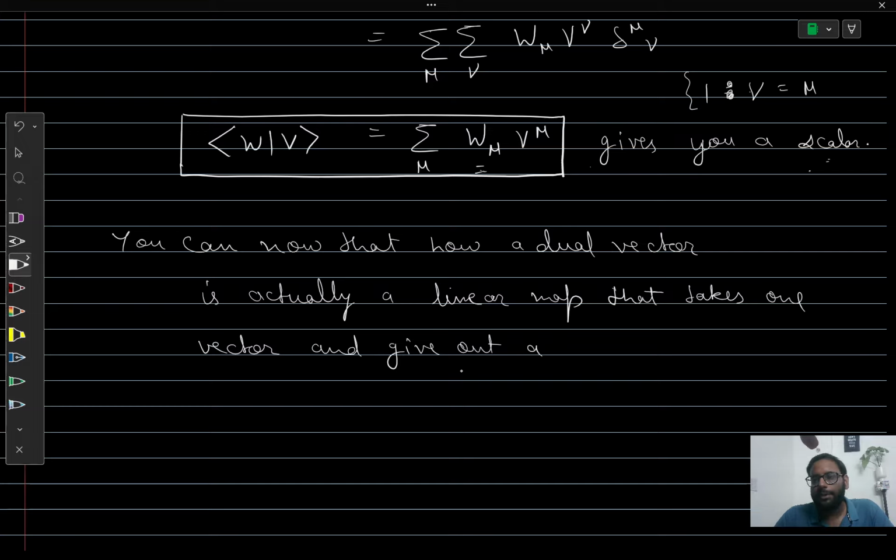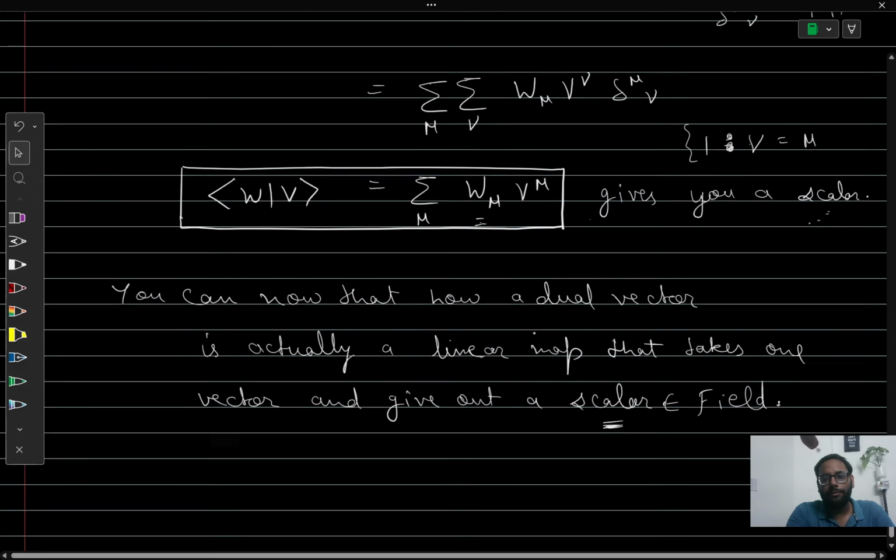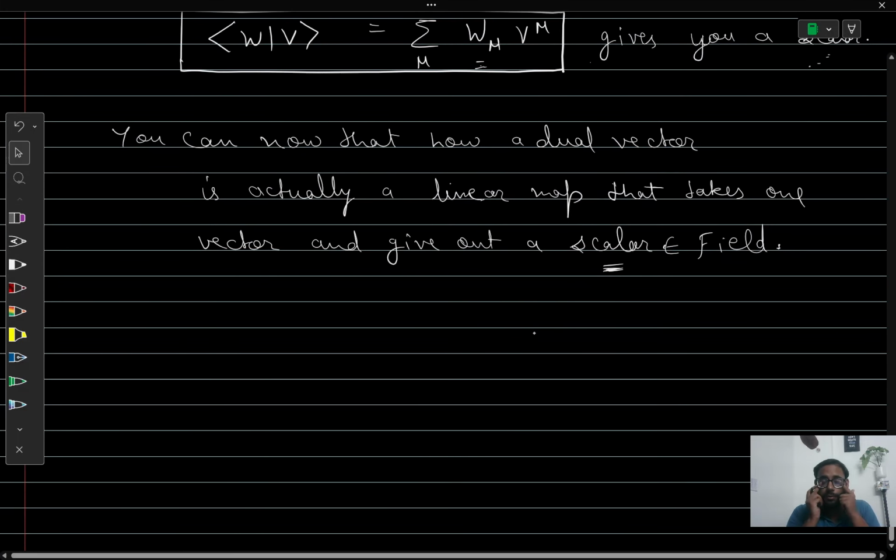So this is a very important thing. A dual vector is a linear map that takes one vector and gives out a scalar belonging to any field, depending on what field you are considering to define your vector space.